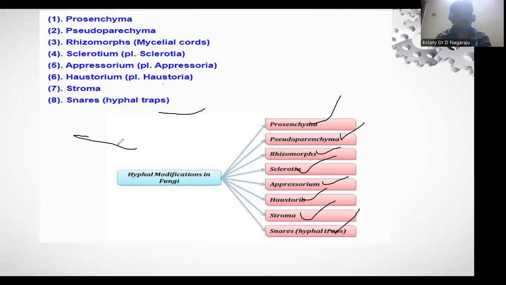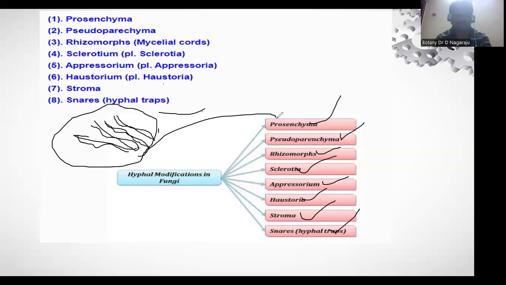I already told you, the interconnecting hyphae is called mycelium. If the mycelium is loosely arranged, the hyphae are loosely arranged without touching each other, with gaps, in a linear mode, that we call prosenchyma.